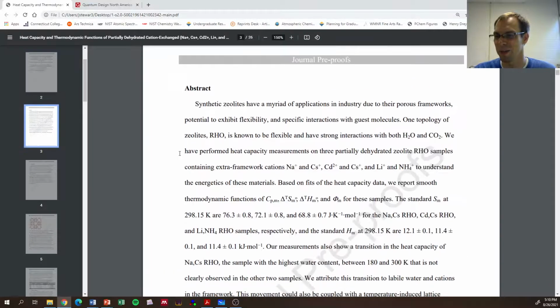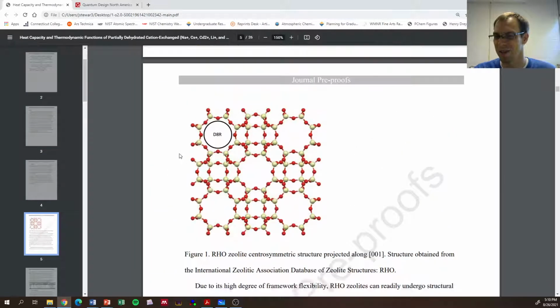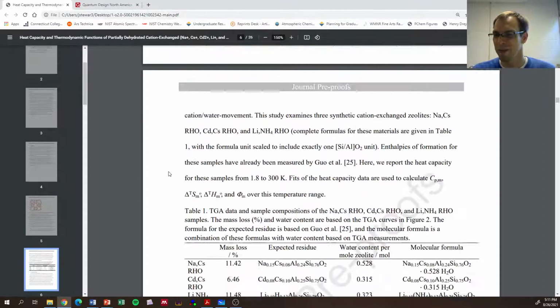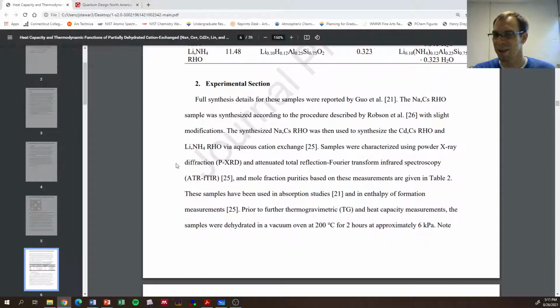So if we scroll down a little ways, we'll skip past the abstract. Just to show sort of what this looks like, we have these spaces here inside the zeolite that can have different cations in them, and that's what we're looking at here. But what we're looking at is the experimental section.